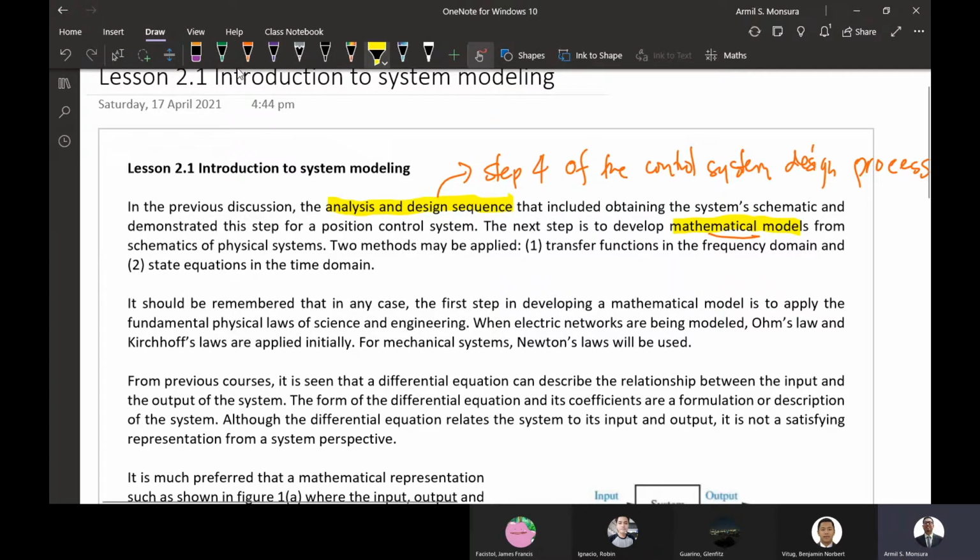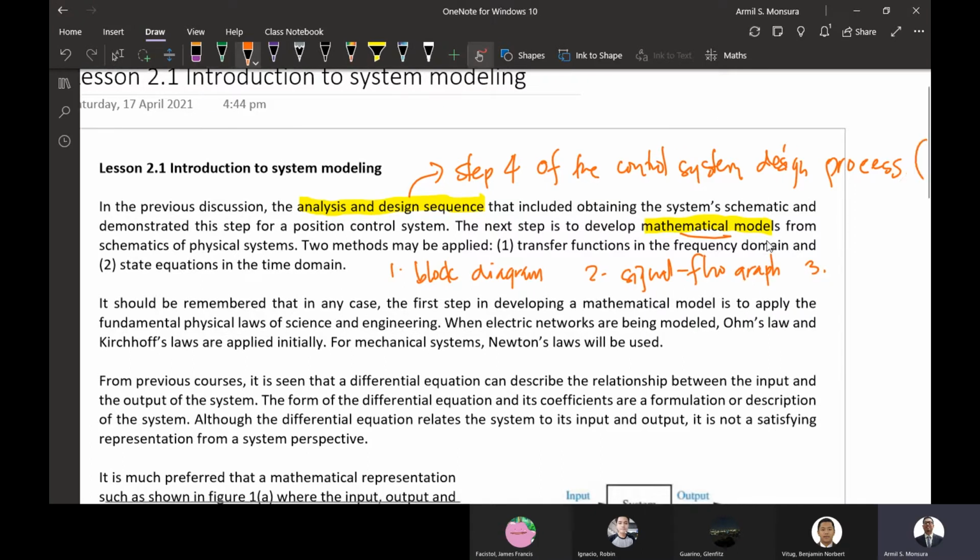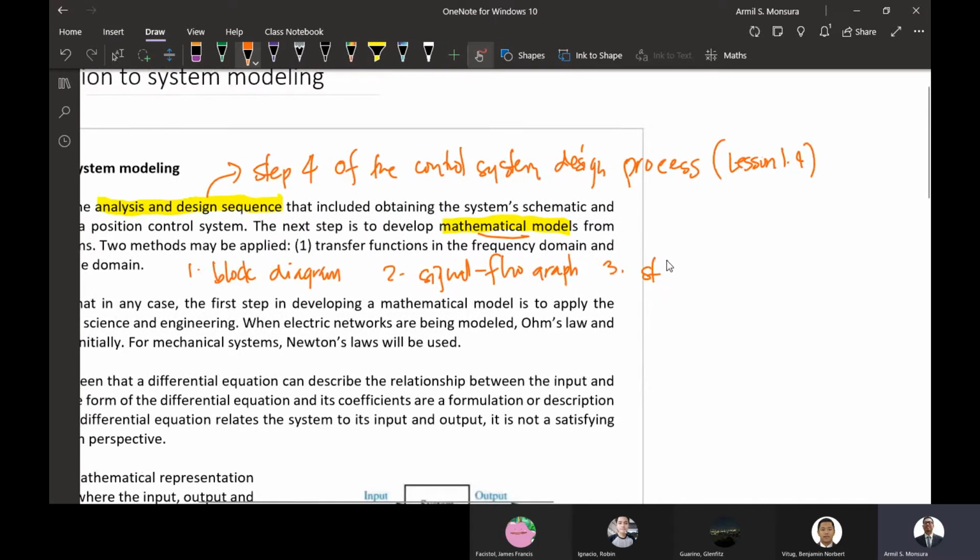Okay, so ang sinabi nga doon is that you develop a block diagram, a signal flow graph, or a state space representation.